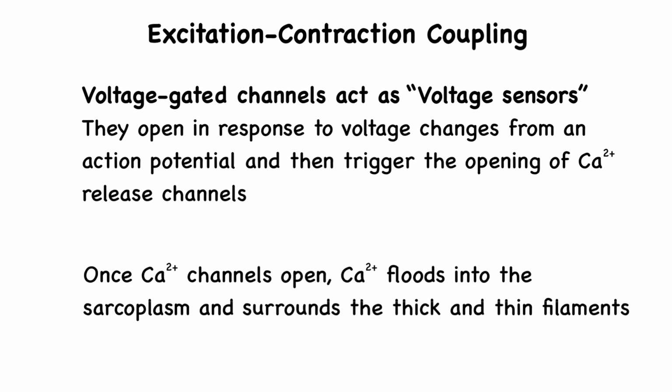This allows the calcium to bind to the troponin, which shifts tropomyosin away, exposing the myosin binding sites on actin. Now, myosin heads can attach and the cross-bridge cycle begins, and the muscle contracts. This will continue as long as muscle action potentials are generated. Once the last action potential has traveled through the T-tubules, the calcium channels will close.